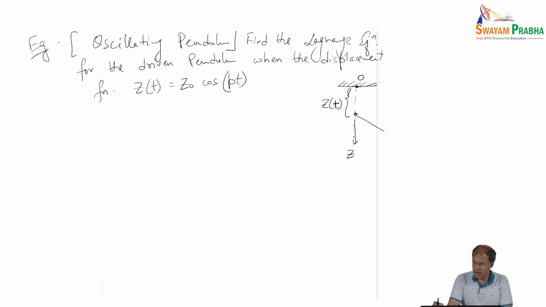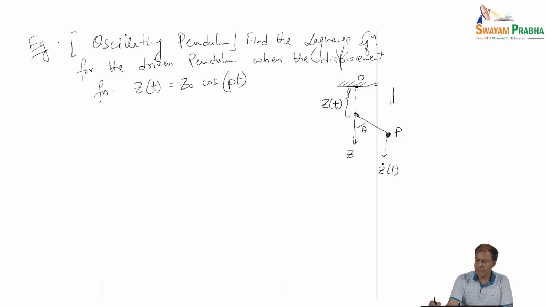Now the pendulum is attached to some support which is moving up and down. So here is the bob of the pendulum, let's say particle P, and the vertical velocity is z dot of t, and we see that this is theta.